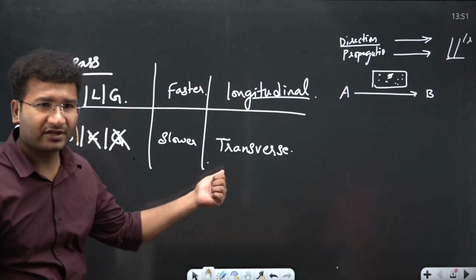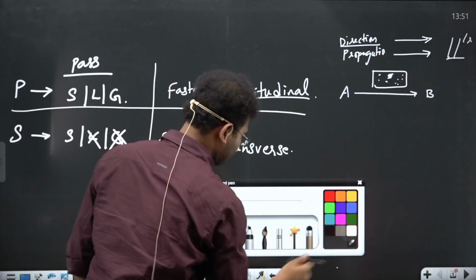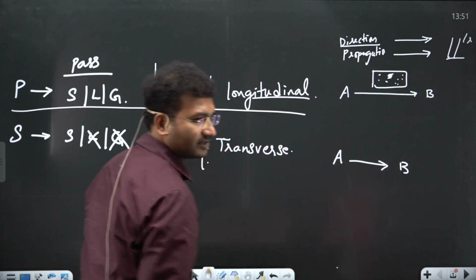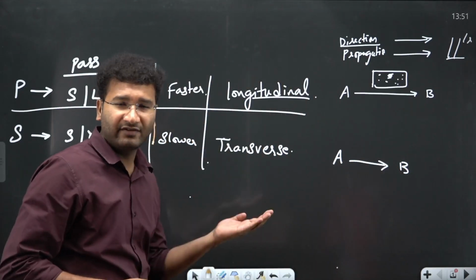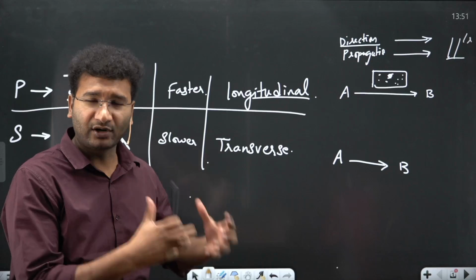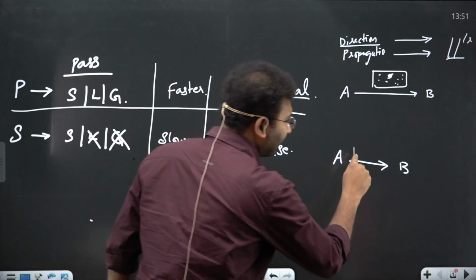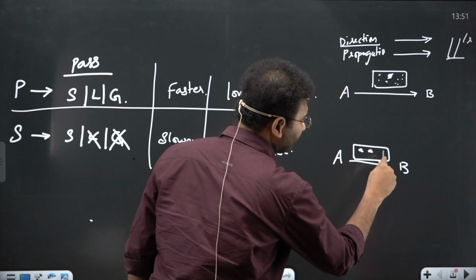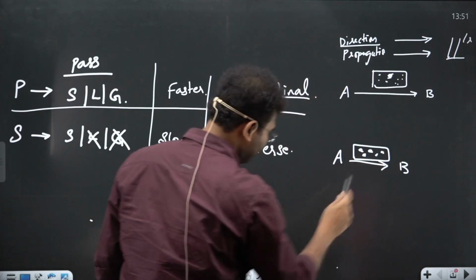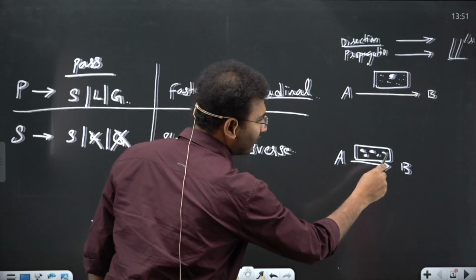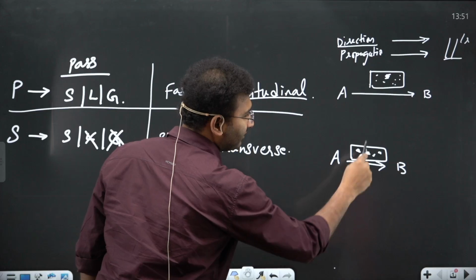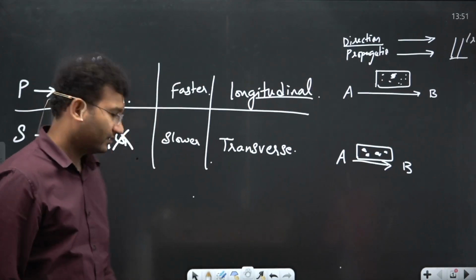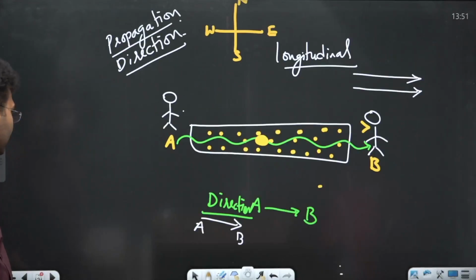But when it comes to a transverse wave, it is not like that. If A to B is the wave that is sent, and imagine the same wave is moving through a solid material, the particles in that material don't move forward and backward. Rather, this particle will move in this direction. Let me show you again.